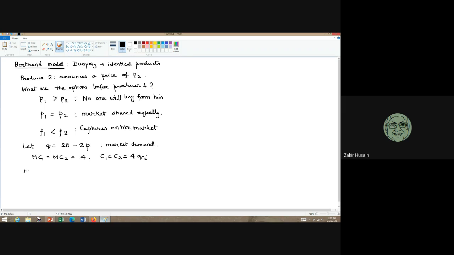So what will be the profit? Let us find out the joint profit, the total profit. Profit is revenue minus cost. What is revenue? Price into quantity, so this is p times (20 minus 2p), and this is the total cost, 4q.